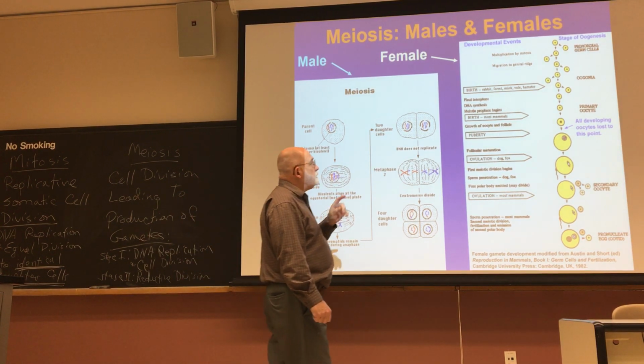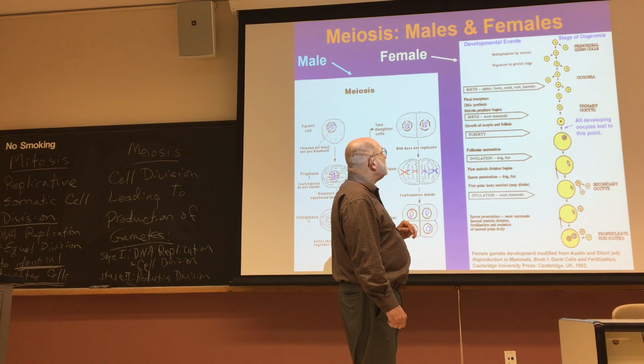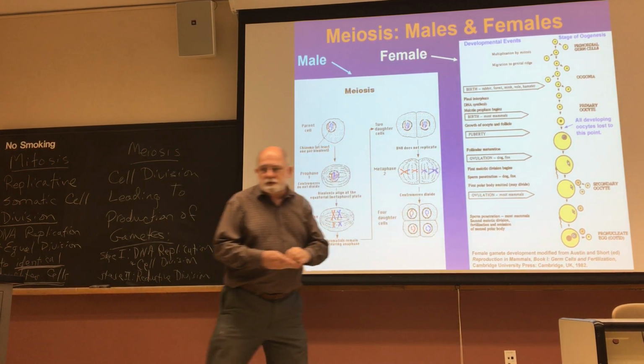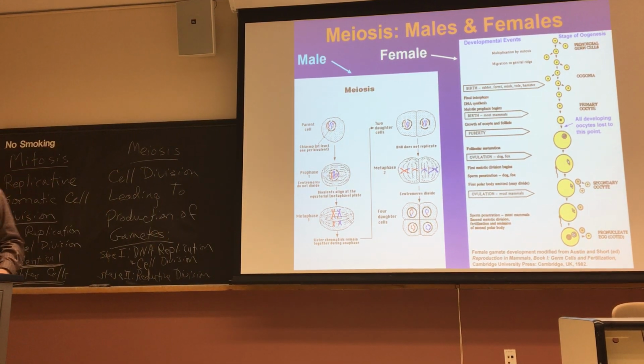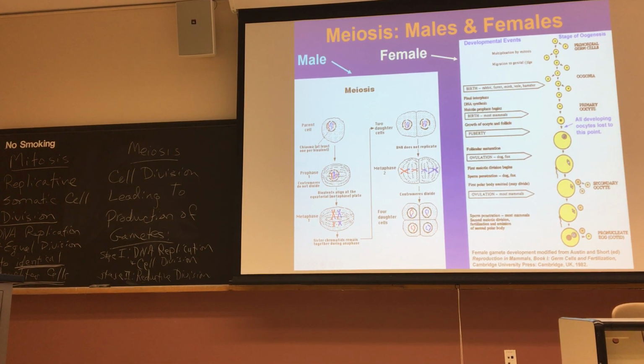The female is different, particularly in mammals. And in mammals, you start out somewhat the same. You get initial multiplication of the primordial germ cells by mitosis. That occurs in the males as well. So the oogonia in this case, prior to committing to meiosis, are dividing mitotically.